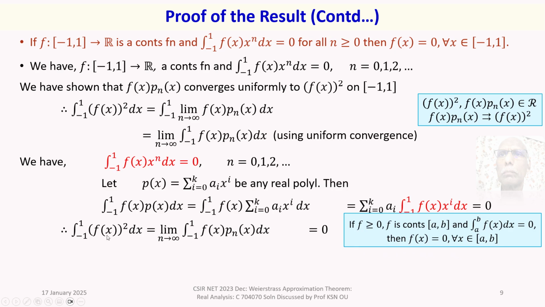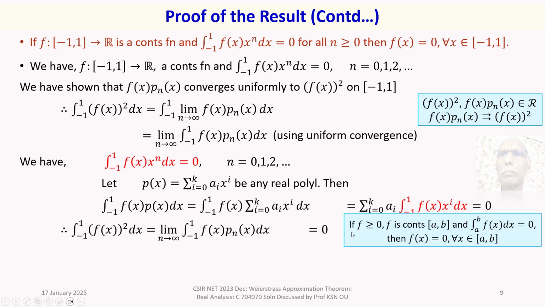Now f of x square is positive and f of x is continuous, so f of x square is continuous, and f of x square is greater than or equal to 0, and the integral from minus 1 to plus 1 of f of x square dx is 0, then f of x square is equal to 0 for all x belonging to minus 1 to plus 1.